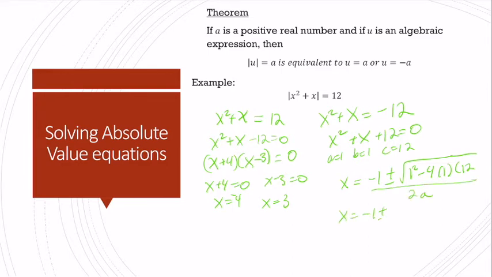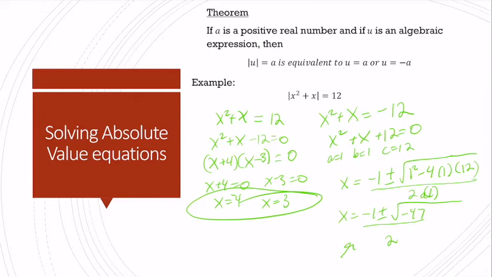Now I hope you can see that under my radical symbol I'm going to have 1 minus 48. That's going to be negative 47 over 2. Well, this is going to be a complex number. This is not a real solution. And right now we're only working with the real number line. So this is going to be my solution set because we cannot have complex solutions at the moment. So no complex solutions.